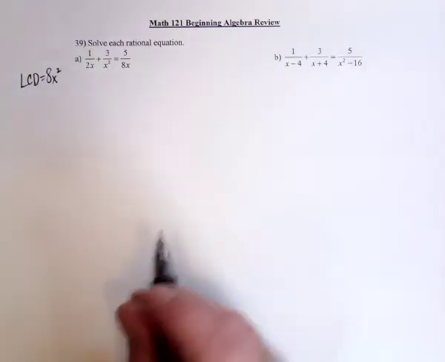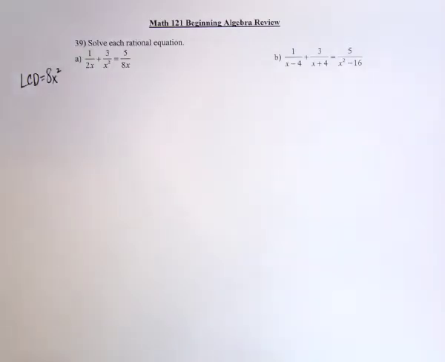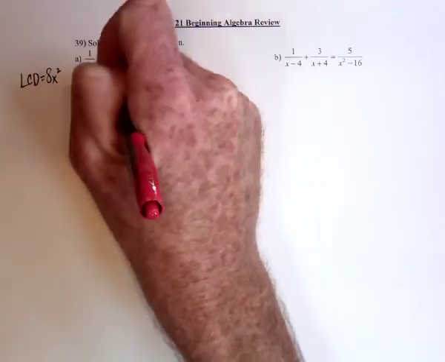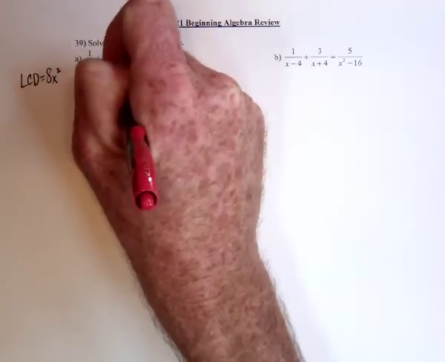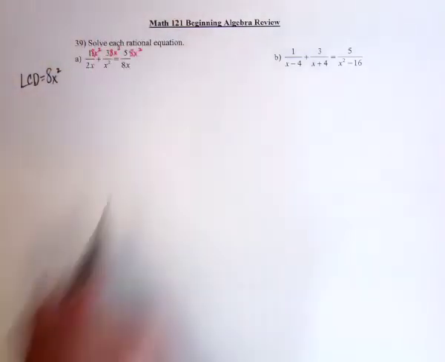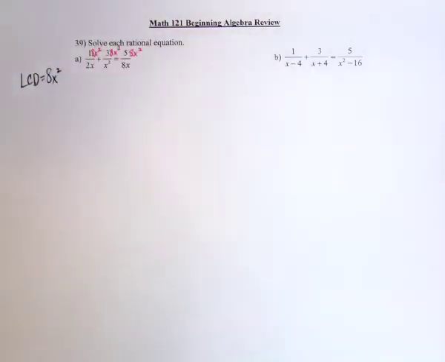Then what you do is multiply all three terms by 8x squared. 8x squared and 8x squared. Then reduce.